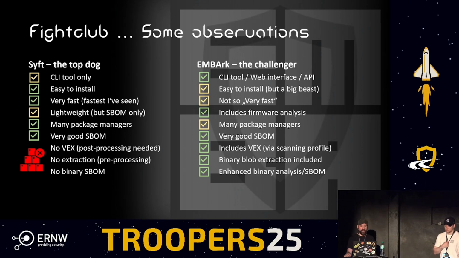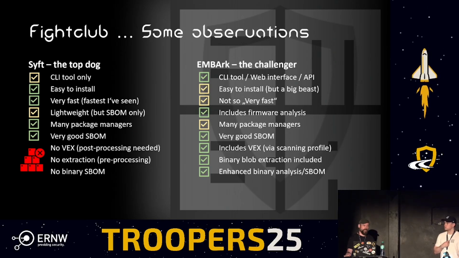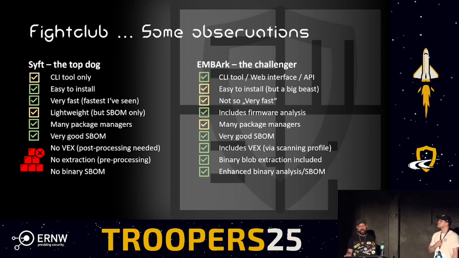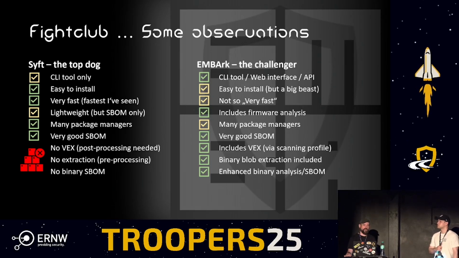And you need some hard drive space. It is not as fast as Syft, but we are able to do extraction, firmware analysis. We can also match against CVE databases and exploit databases, and all of this can be included in your SBOM.